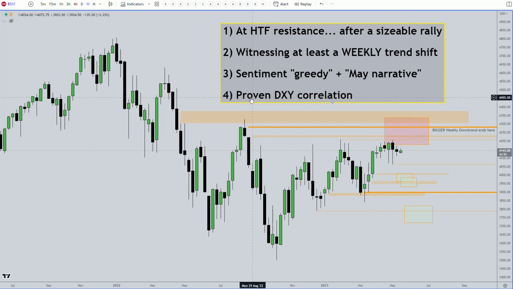And finally, we are looking at a proven DXY correlation and a DXY that is potentially lining up for more upside at the moment. So yes, putting my name on the line: if you are trading the mid to longer term trend, then you should definitely rather prepare for taking a short over the next couple of days or even one or two weeks than longing into this heavy resistance.